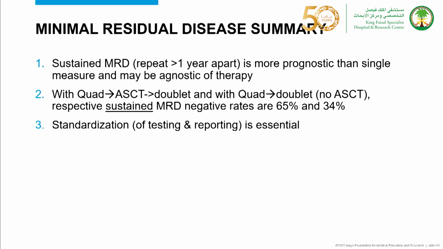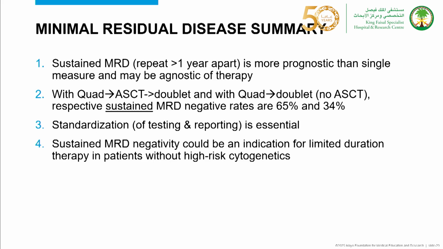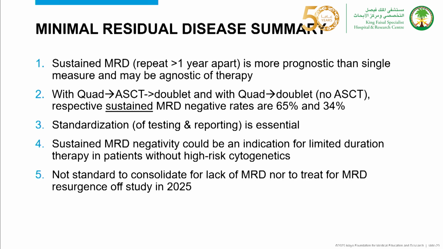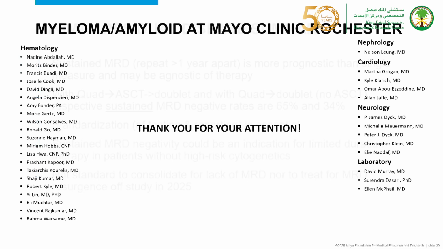We have to have standardization of testing and reporting. Sustained MRD negativity can be an indication, perhaps, for limited duration therapy in patients without high-risk cytogenetics. It is not standard to consolidate for lack of MRD, nor to treat for MRD resurgence off study as of today. And with that, I thank you for your attention.